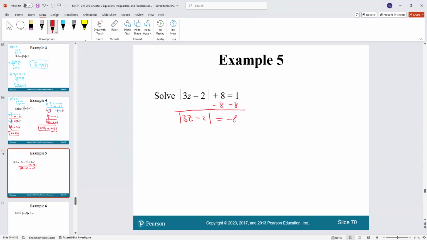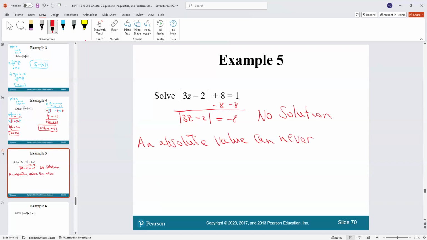So in this case, we would consider this one has no solutions because absolute value can never be equal to a negative number. No solution at all. We said an absolute value can never, I would like to write never very big, be equal to a negative number.